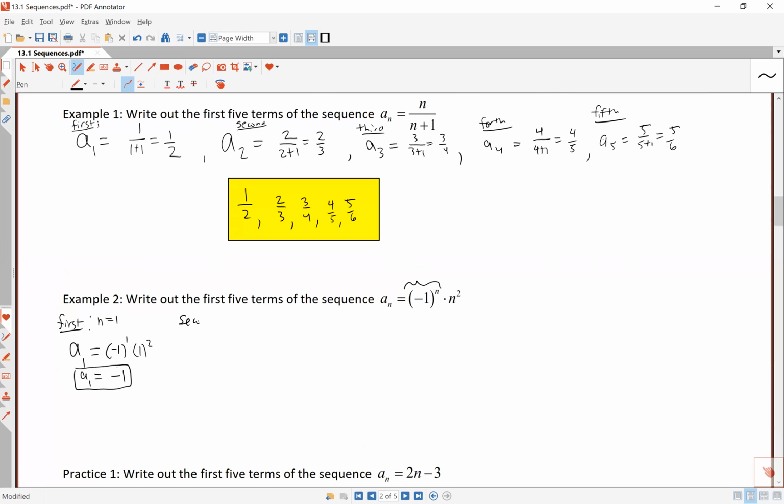The second term in the sequence, n equal to 2. Now it's negative 1 to the second power times 2 squared. So where we see the negative 1 to the nth is alternating the sign, and then you're squaring the number, 4, giving us a sub 2 equals 4.